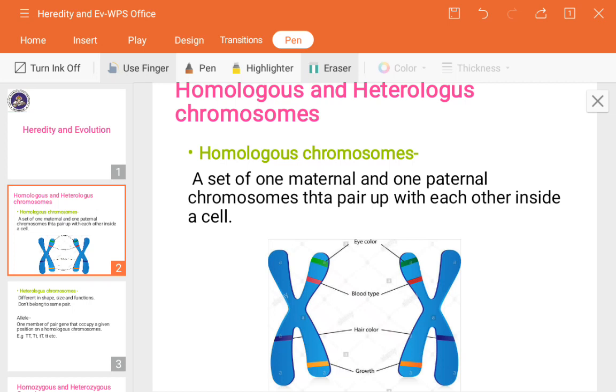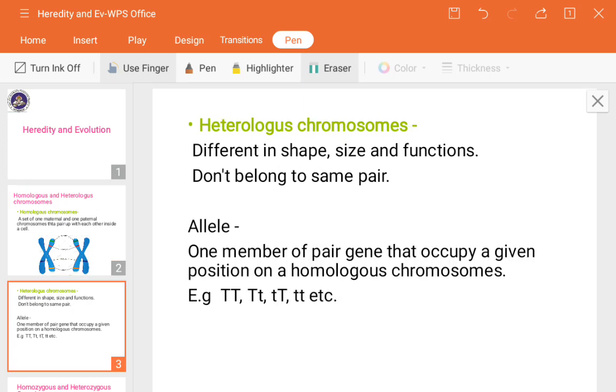And now the next word is allele. What is meant by the allele? It is one member of a pair, guys. It is one member of a pair of genes that occupy a given position on a homologous chromosome.